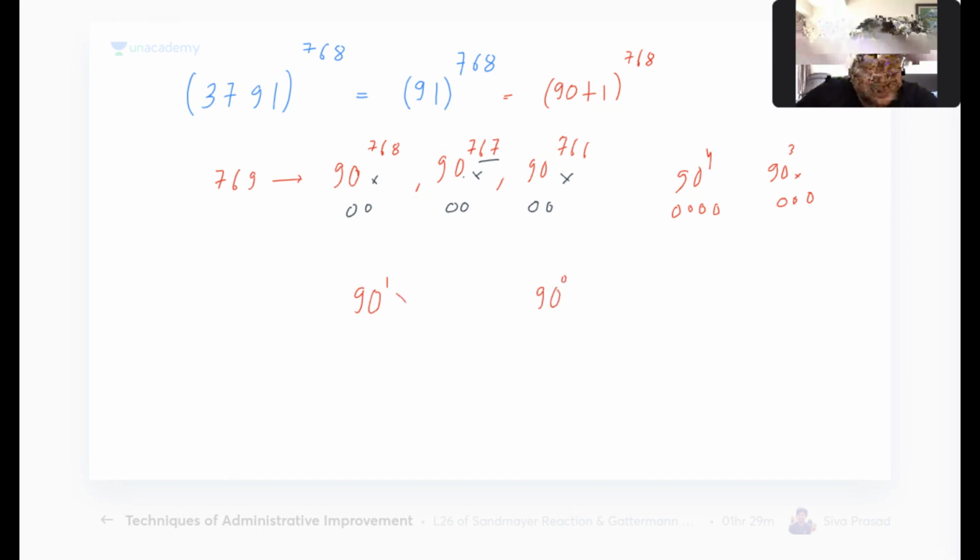So the term which has 90 to the power of 1 will have 1 to the power of 768, and 90 to the power of 0 will have 1 to the power of 769. This will be my last term. This will be my second last term.